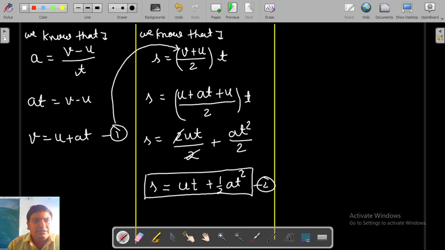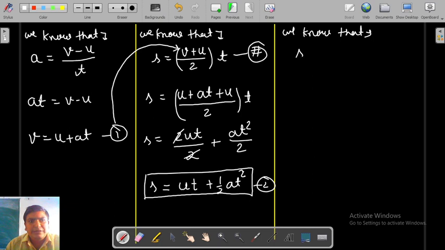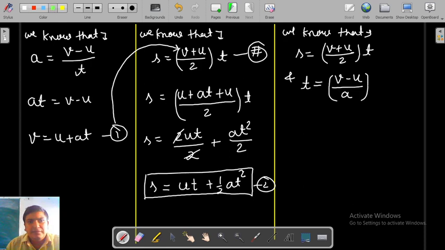And as we know that this equation is the hashtag we had taken, so for the third equation, we know that s equals to average velocity, that is (v plus u) upon 2 times t, and from the first equation, the value of t is (v minus u) upon a. और ये वैल्यू कहां से है, from the first equation of motion.